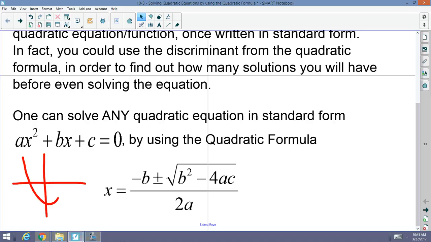Those are my solutions. That's what I'm trying to find when I solve. And the formula I'm going to use is negative b plus or minus square root of b squared minus 4 times a times c, divided by 2a. That's the quadratic formula, guys. All right?